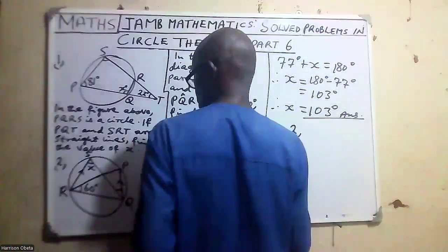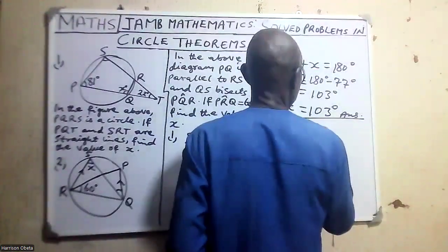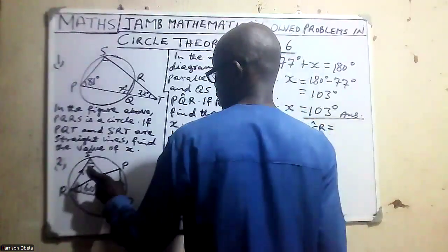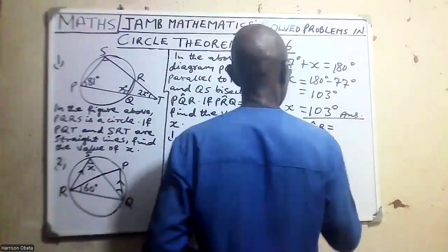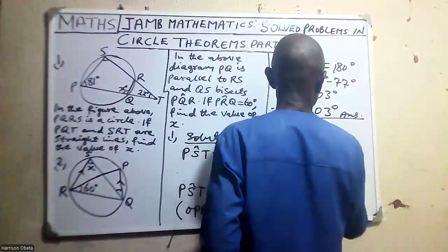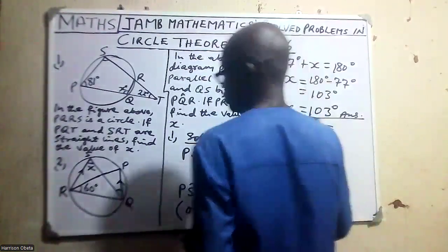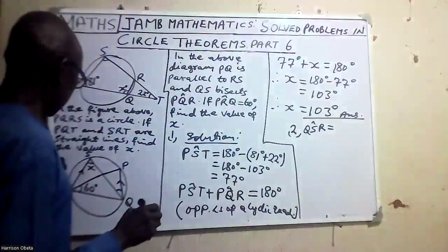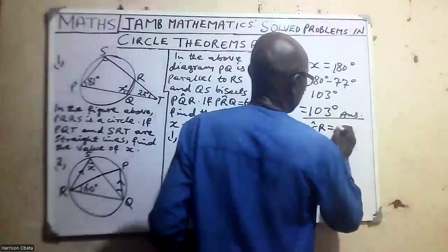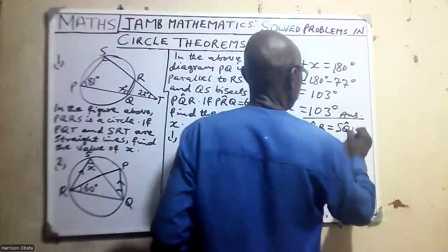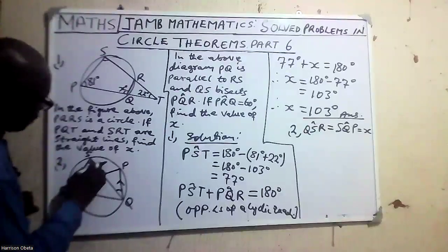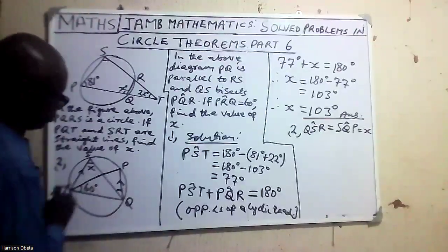That is PSR, QSR is equal to SQP, which is equal to X. That is, the angle here will be equal to this angle.